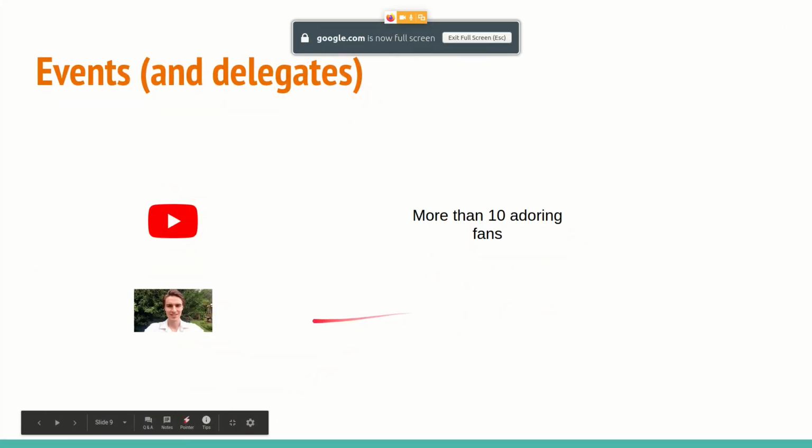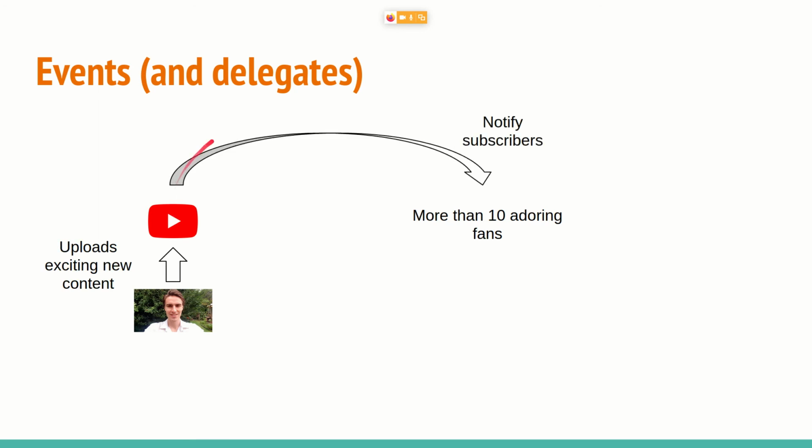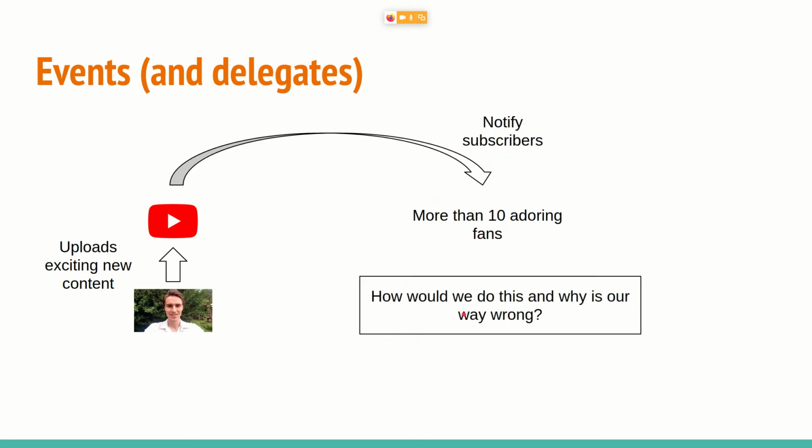We're going to begin by saying, how would we handle this at the moment? The content creator will upload some exciting new content to YouTube, and then YouTube will, through a method, notify his adoring fans. He will notify the subscribers. How would we do this, and why is our way wrong, is the question we want to answer first.